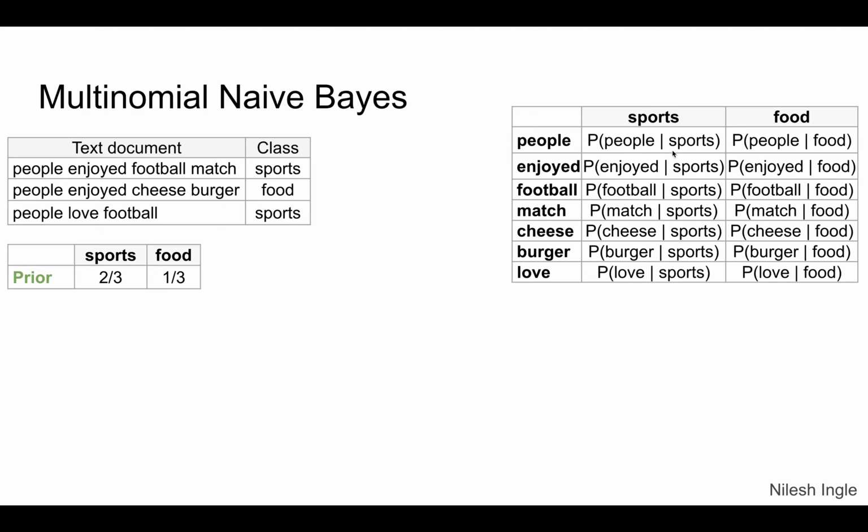And on the right hand side table we have the values for probabilities. The probability for the word people given the class is sports, the probability that the word is enjoyed given the class is sports, and so on, and for food as well.